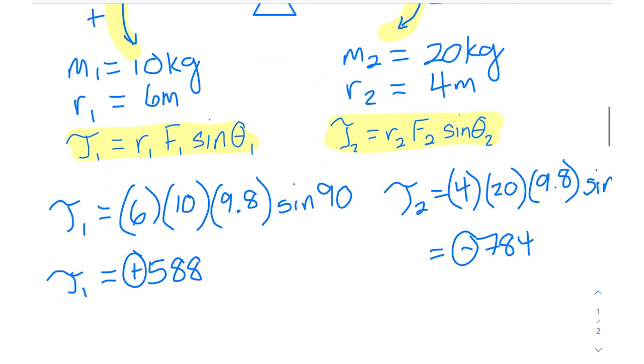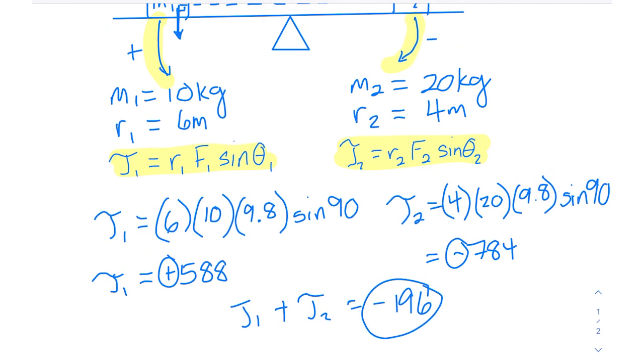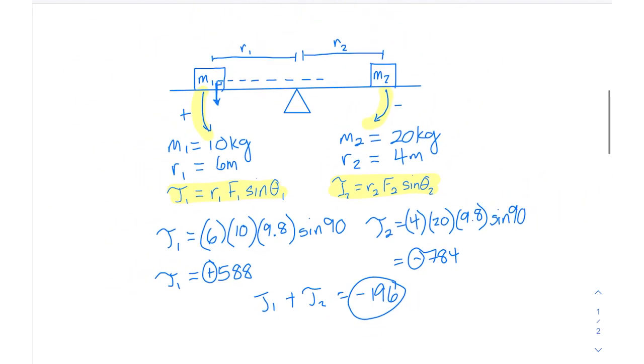Now, if we sum those values together, which means adding a positive 588 and a negative 784, torque 1 and torque 2 give a total of negative 196, which is your net torque. So it's a torque of 196 in the clockwise direction.